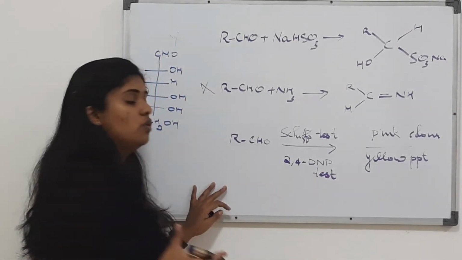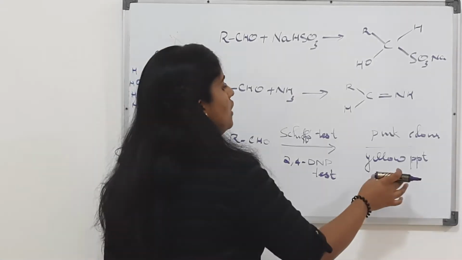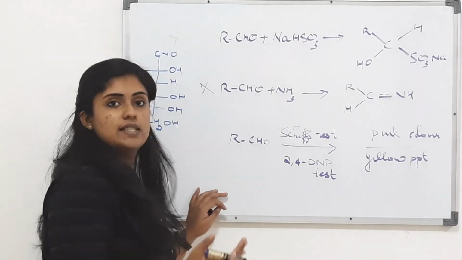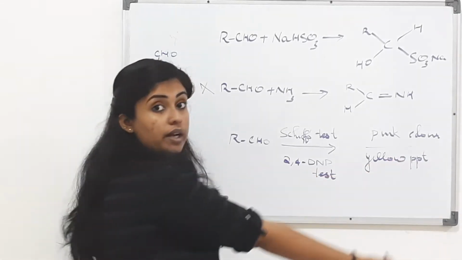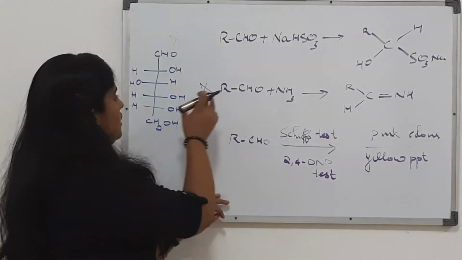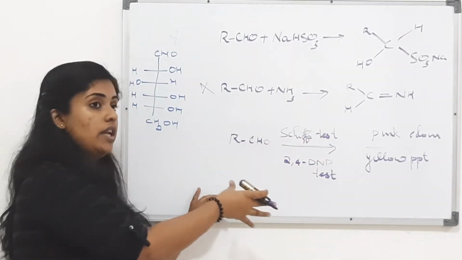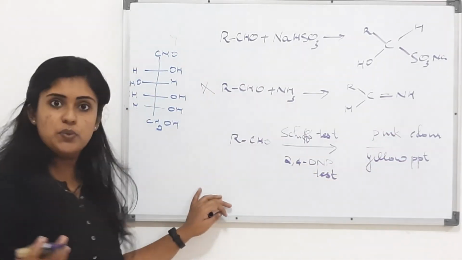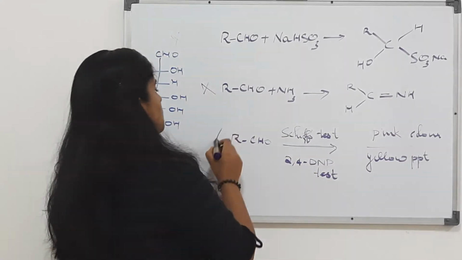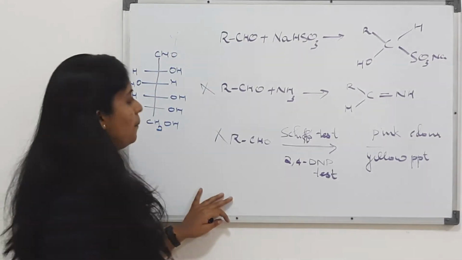If we treat with 2,4-dinitrophenylhydrazine, a 2,4-dinitrophenylhydrazone is formed, a yellow-orange precipitate, which we all do in our labs. But when we treated glucose with either Schiff's reagent or 2,4-DNP, these characteristic colors and precipitates were not formed. So this reaction was also not satisfied by glucose.